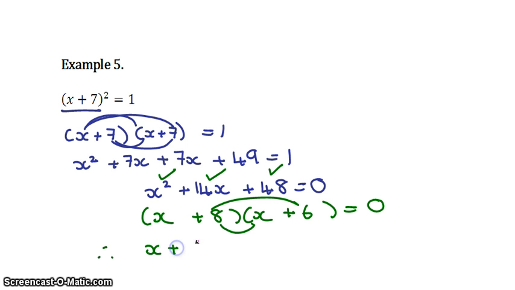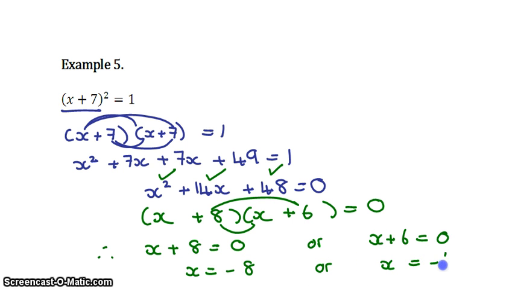So either x + 8 must be 0 or x + 6 must be 0, which gives me x is negative 8 or x is negative 6. Now, if you remember from the other method, I did get those two answers if I remembered the plus or minus square root. So if you remember the plus or minus square root, you can use the first method. But if you're going to forget that, rather go back to basics.